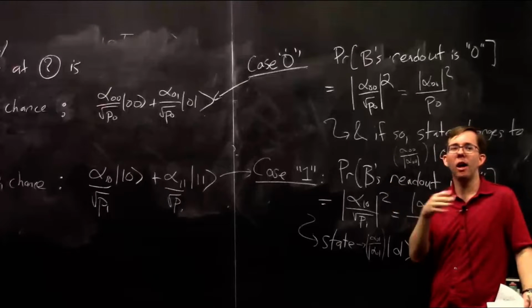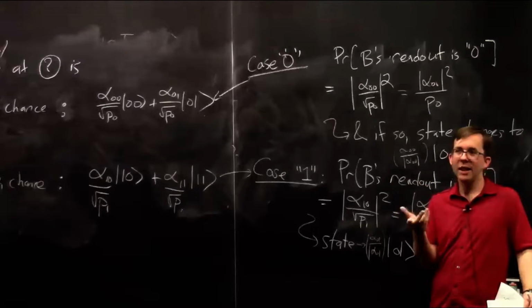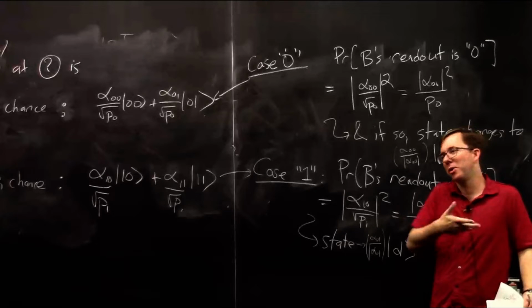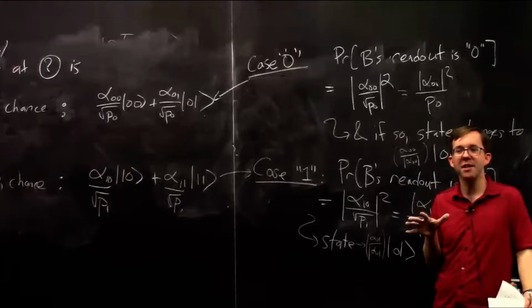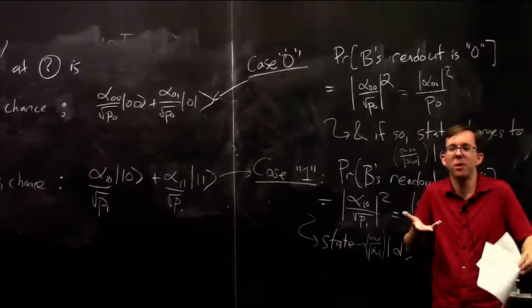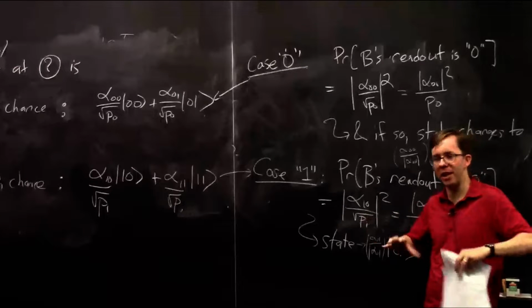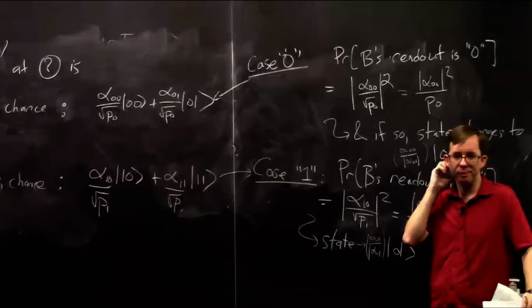If you have a state with one positive amplitude and one negative amplitude, and you multiply the whole state by -1, it's functionally the same state, but you'll still have one positive and one negative. You can't make them both positive simultaneously. And similarly, if you have a bunch of complex numbers, you can't make them all real simultaneously.